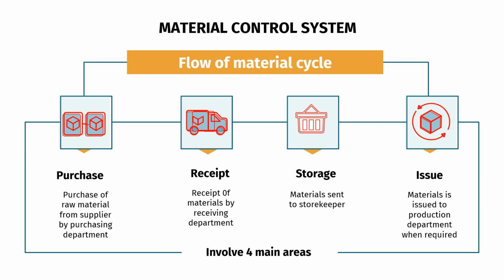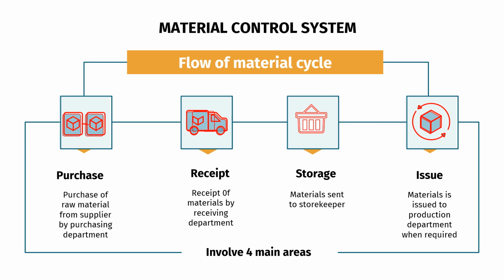Next, the supplier will send the materials to the receiving department of the manufacturing company. After that, the material will be sent to the warehouse for the storekeeper to store the material. And finally, the material will be withdrawn from the warehouse when it is requested by the production department.